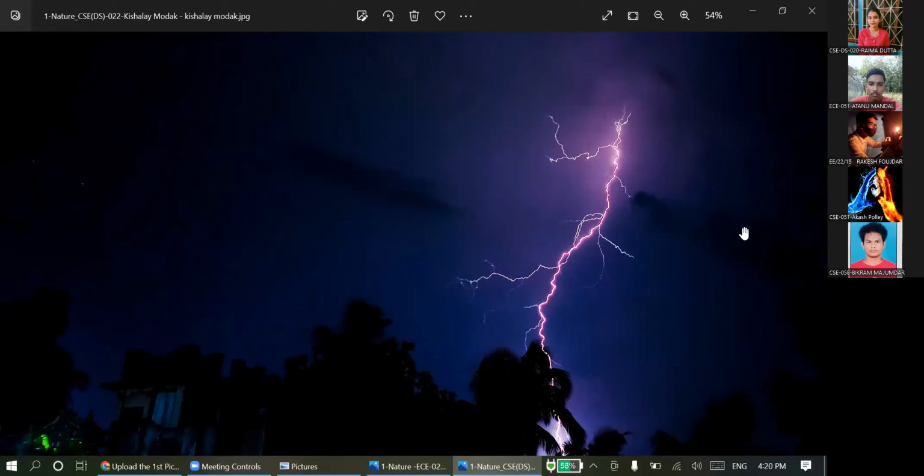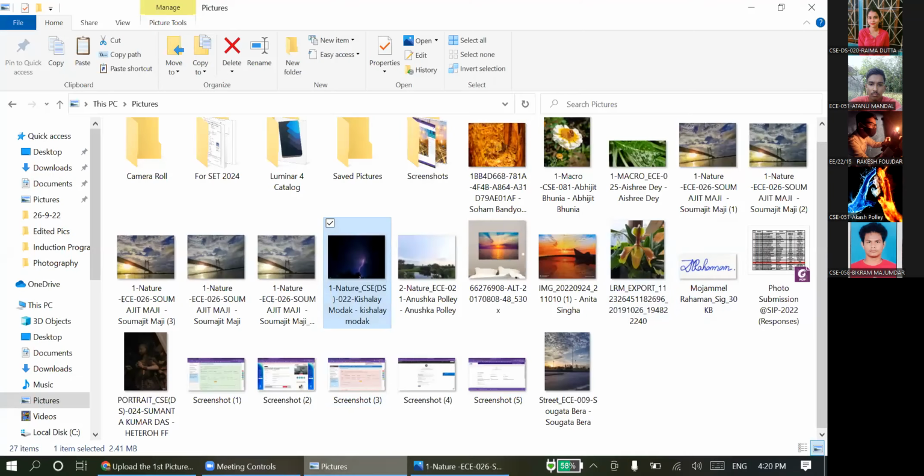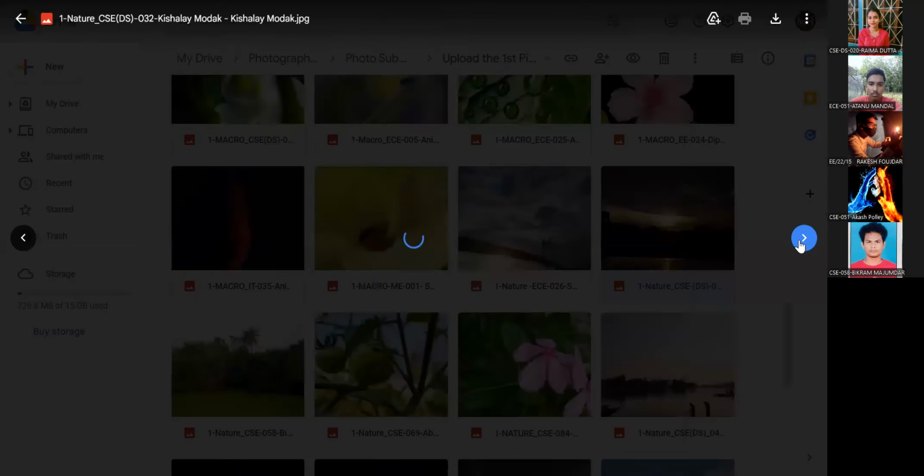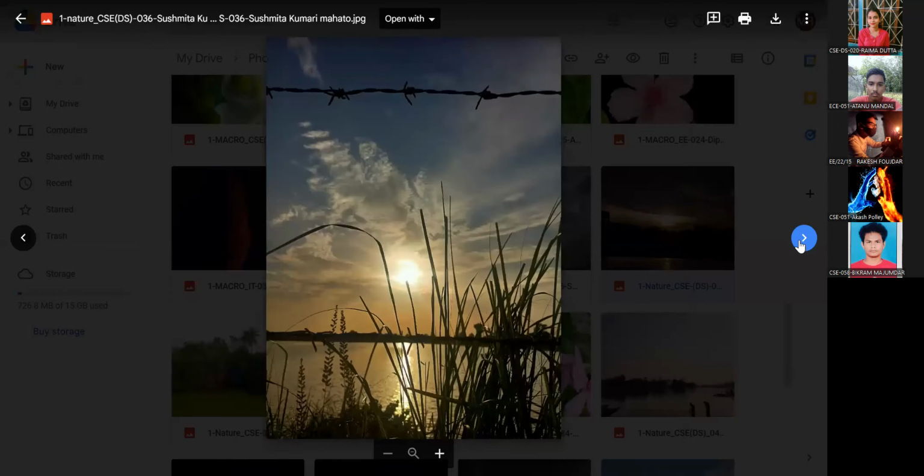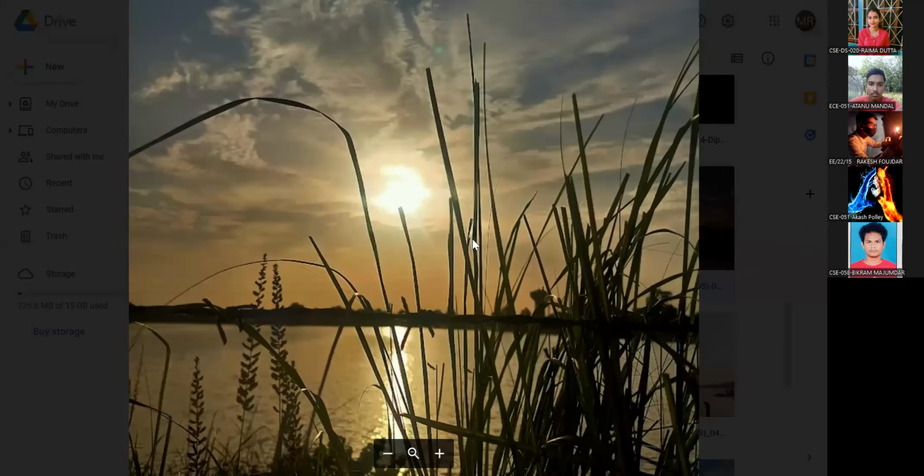This picture claims that it was taken on mobile, but I'm telling you, if it is really taken on mobile, it is extremely difficult, because grabbing this image with mobile is next to impossible. Good one.